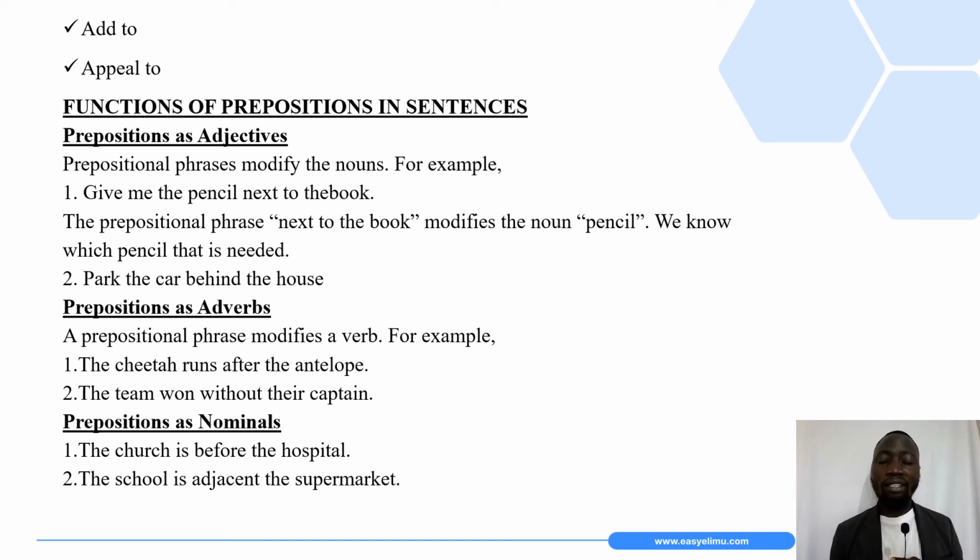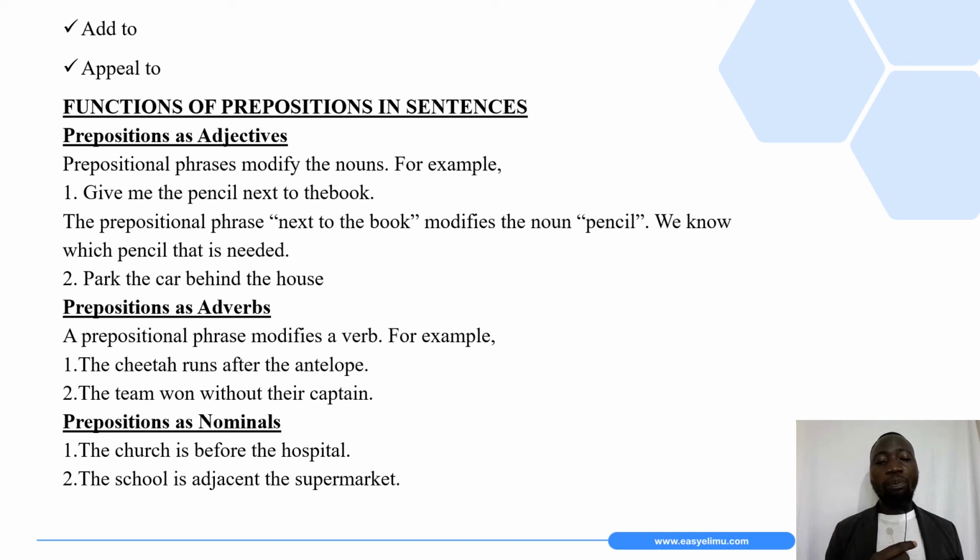So remember, just as a reminder, prepositional phrase is something that we had in our previous classes, that is the Form 3 work, and we learned that a prepositional phrase is a phrase consisting of a preposition that is joined with other words in a sentence. So the prepositional phrase that we have in that example is next to the book, and it modifies the noun that is the pencil.